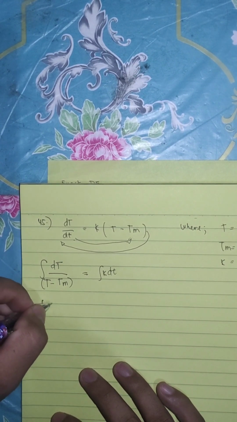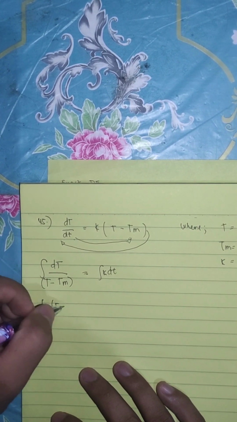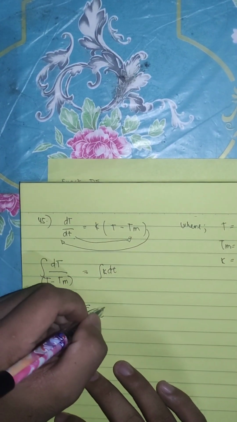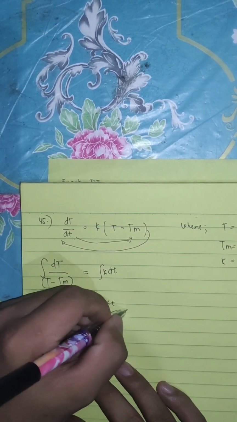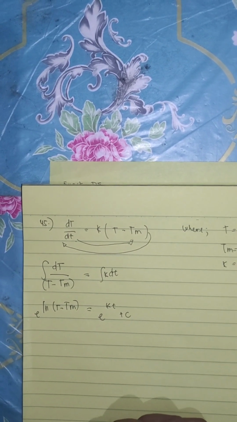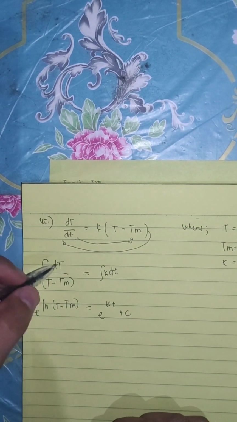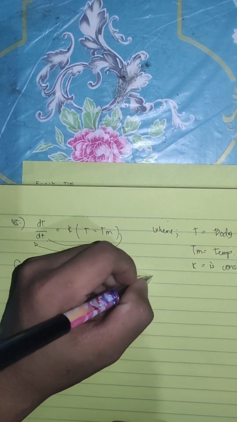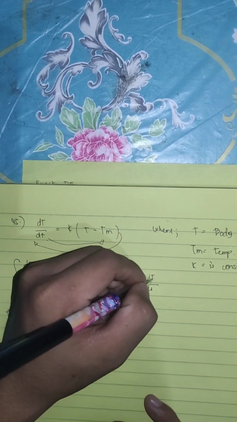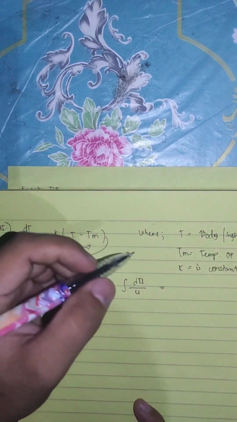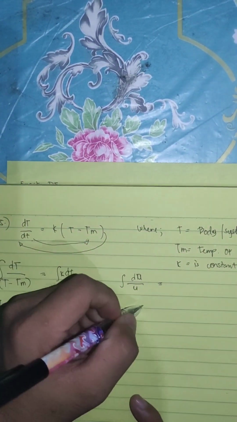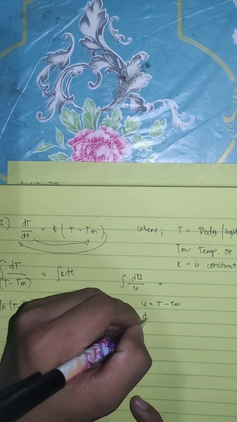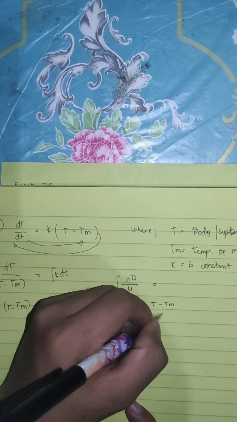So here we got ln of T minus Tm equals kt plus C. If you notice, for the integral of dT over T minus Tm, let u equal T minus Tm, and du is simply dT.